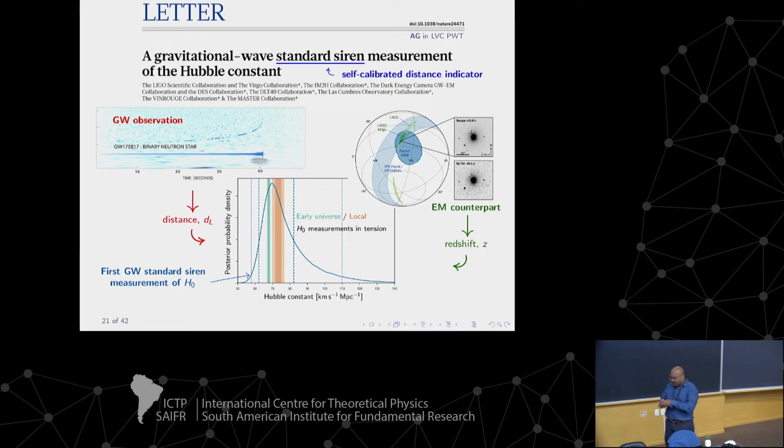If one has a 14% uncertainty at the moment, one would need of the order of 14 squared, which is 200 detections, to go down to a 1% uncertainty. Of course, you might not need a 1% uncertainty to tell which of the two measurements in tension you agree with.